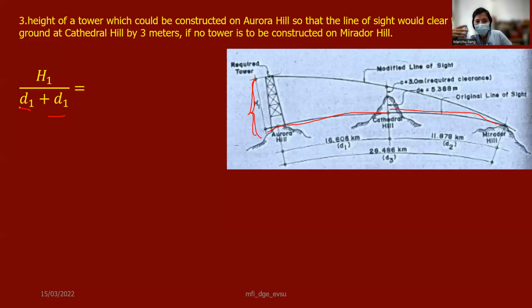Then this H2 minus H1 times D1 all over D1 plus D2 minus 0.065 D1 and D2. So just take note of the given formula. So we can now determine the value of the line of sight and the height of the towers to be constructed between stations.